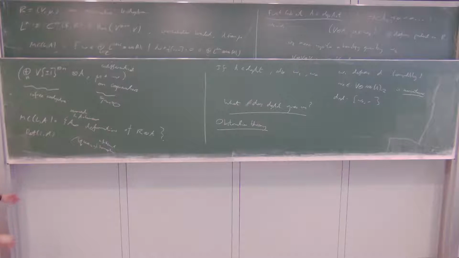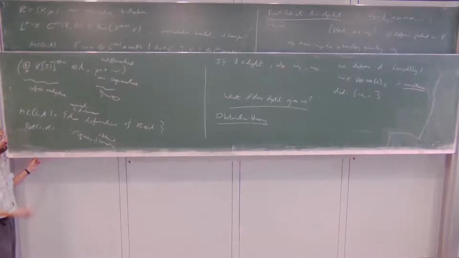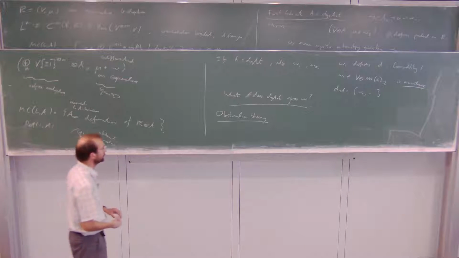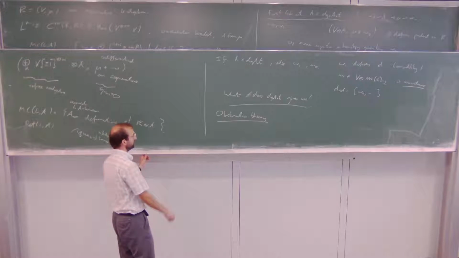But what was really originally the motivation, and actually remains the most useful thing, is obstruction theory. So the idea here is you look at small extensions of Artinian rings.